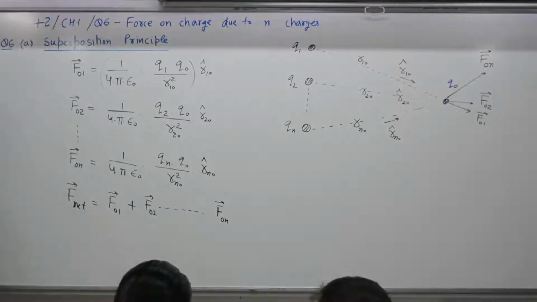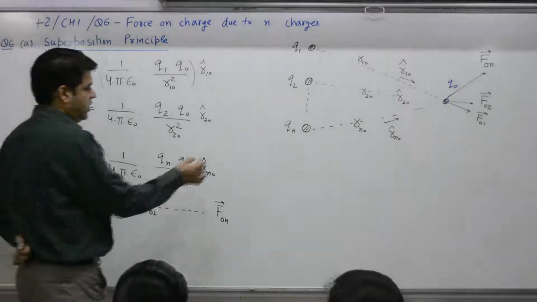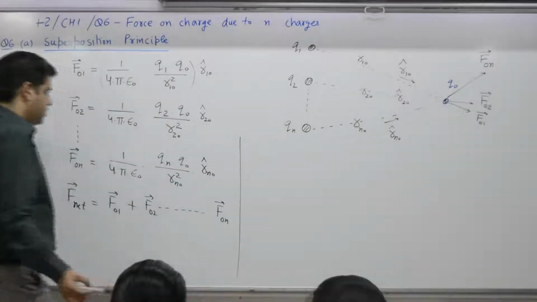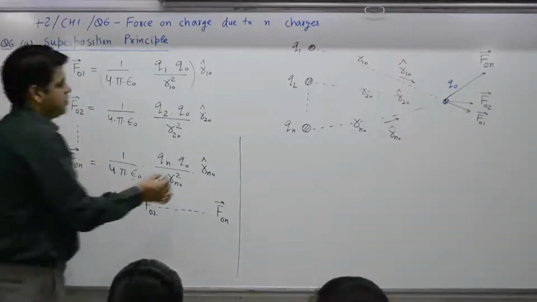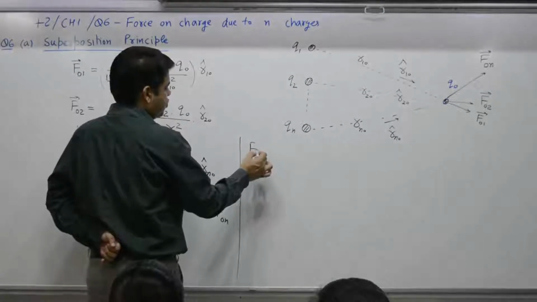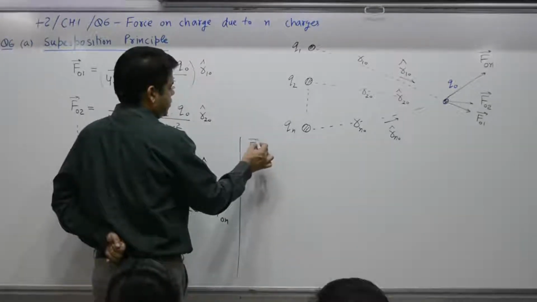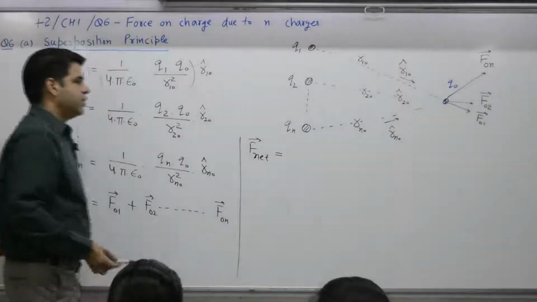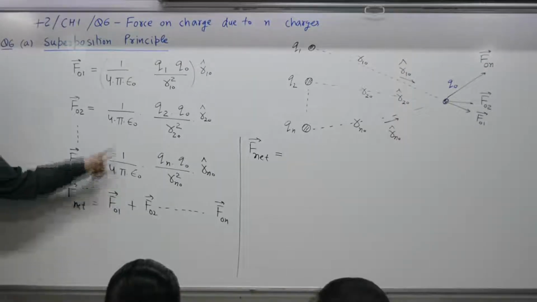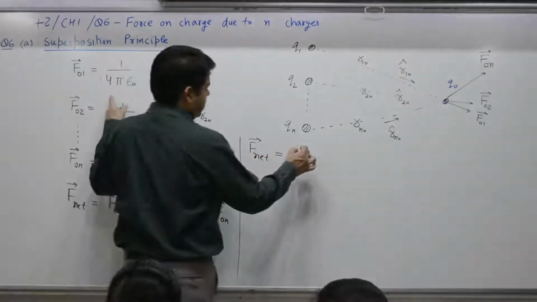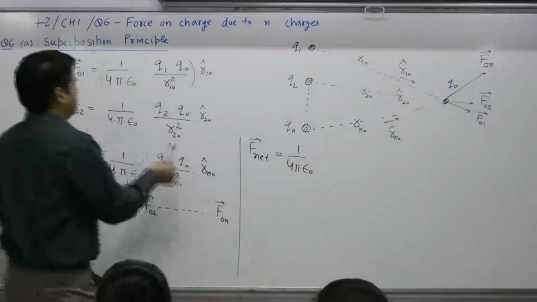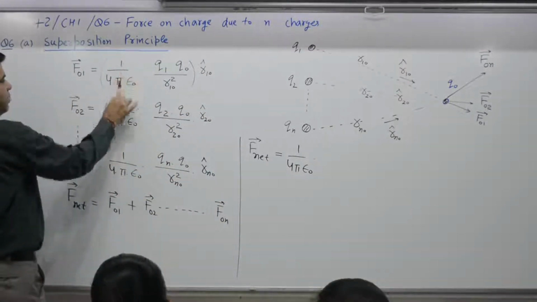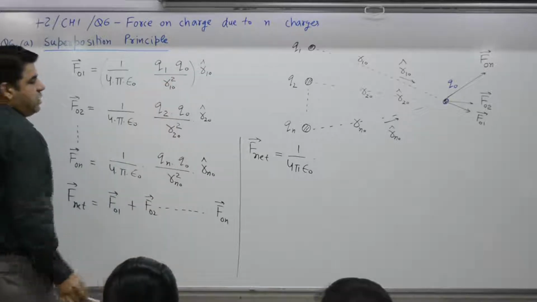Now we put values for the same. The net force on naught: F naught 1 is 1 by 4 pi epsilon naught. When you add all these, 1 by 4 pi epsilon naught is common, Q naught is common.